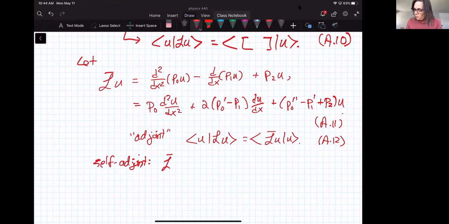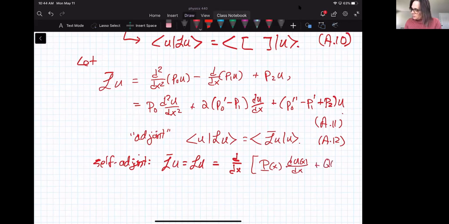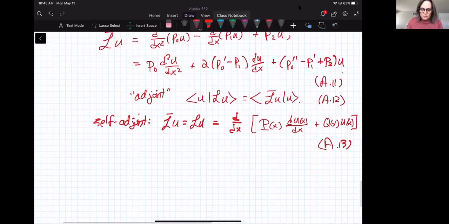So L bar u is equal to L u is equal to d/dx of, let's call this now p of x du of x/dx plus q of x u of x, where I'm taking the usual definitions for p's and q's here.